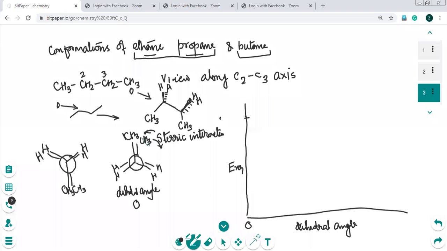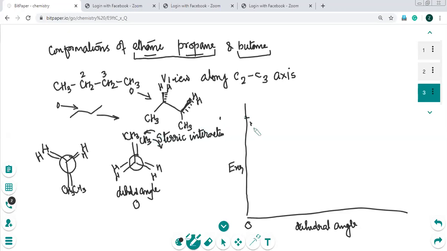Now you start rotating the back carbon clockwise. When you rotate this back carbon clockwise by 1 degree, 2 degrees, 3 degrees, these two CH3 groups start moving away from each other. What is the consequence? The energy of the system comes down. It becomes more stable.